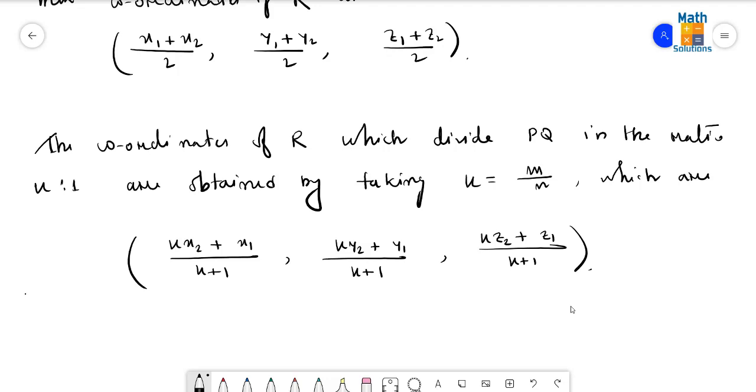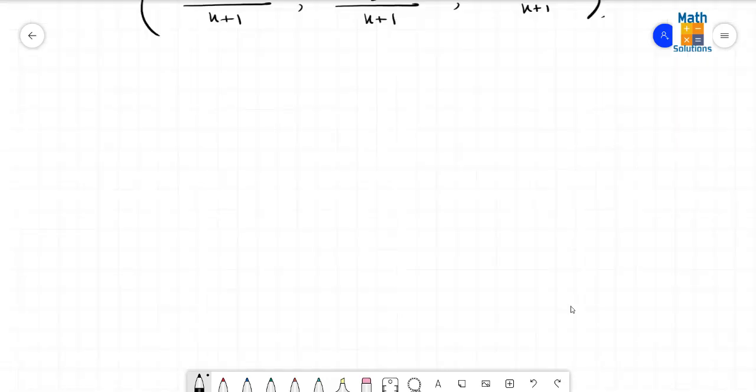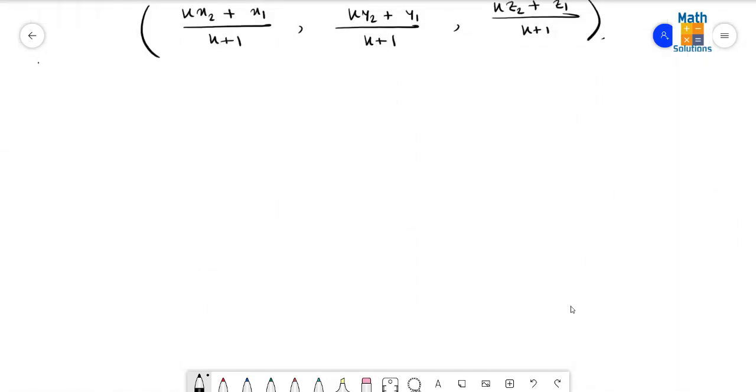12.3. So the first question I am picking up, exercise 12.3. The question is: find the coordinates of the point which divides the line segment joining the points (-2, 3, 5) and (1, -4, 6) in the ratio 2:3 internally and 2:3 externally.